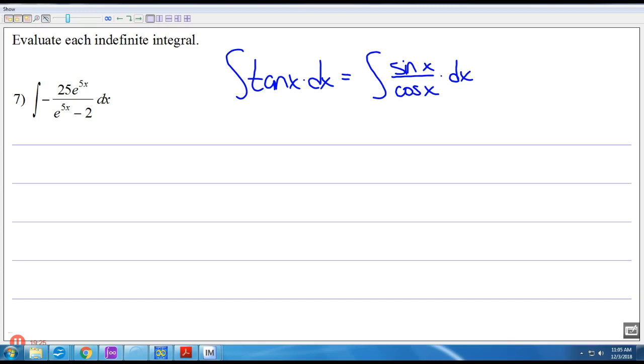So then I would bring the cosine up. And think about what we've just been doing and see if you can get it from there.